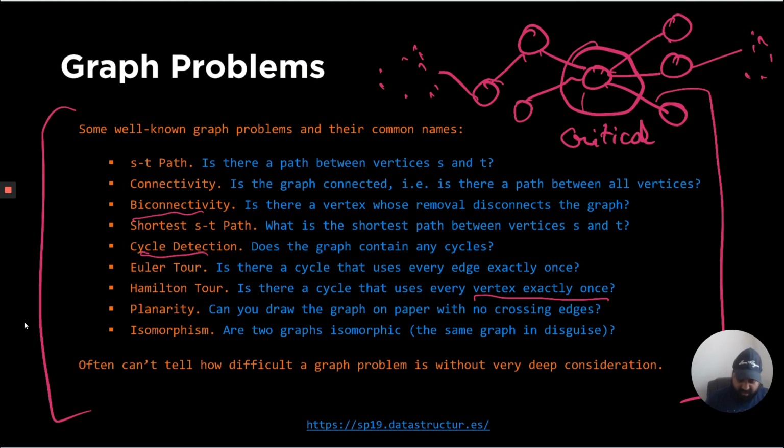Some of these problems, like Euler tour and Hamilton tour, are too difficult to solve in general. Let's take the example of Euler tour. Euler tour was solved in the 1980s, and there's an algorithm that does that. While when we talk about Hamilton tour, it's still unsolved, and there's a $1 million prize on solving it.